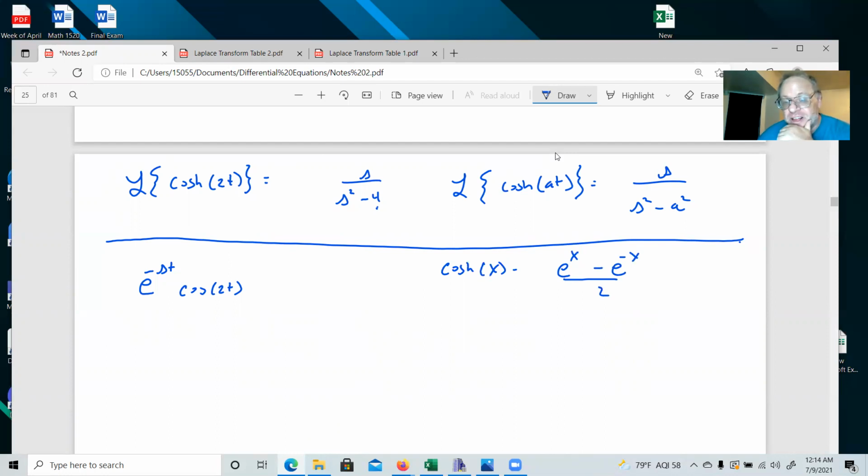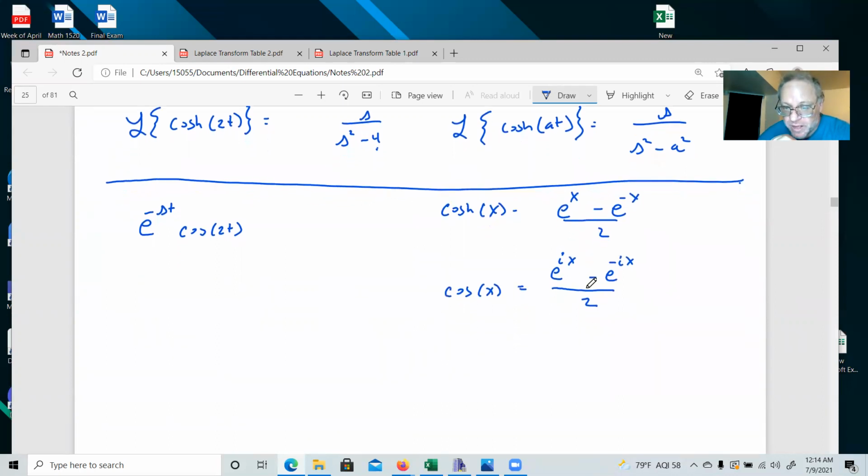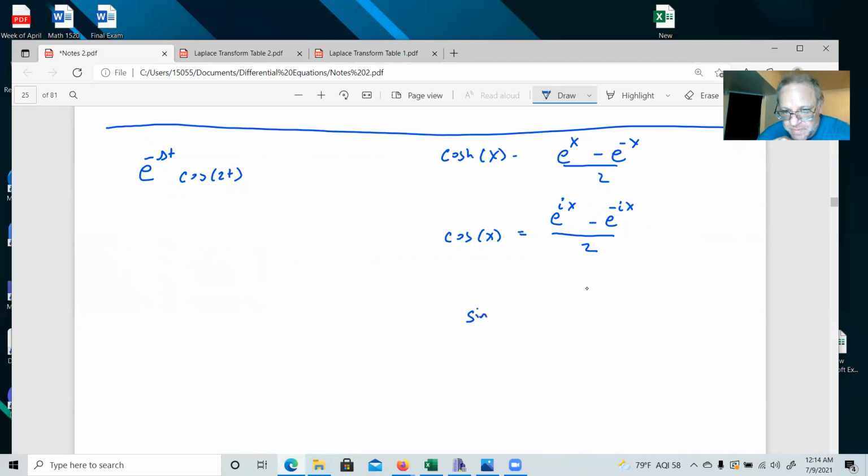Well, you ever wonder why this hyperbolic cosine and this cosine were called the same thing? Well, cosine of x is equal to e to the ix plus e to the negative ix over 2. Okay, if you're going to do sine, so here's sinh. Oh, there's a plus in here. What am I doing? I wrote down sinh rather than cosh.